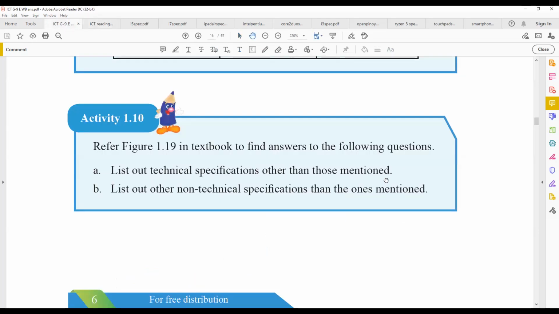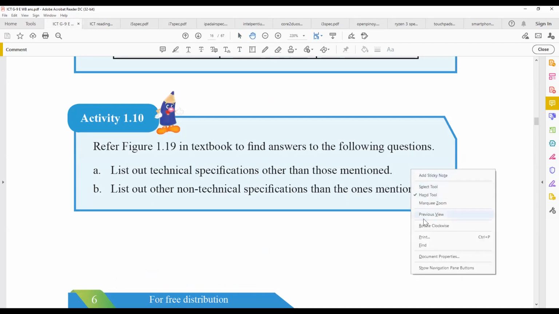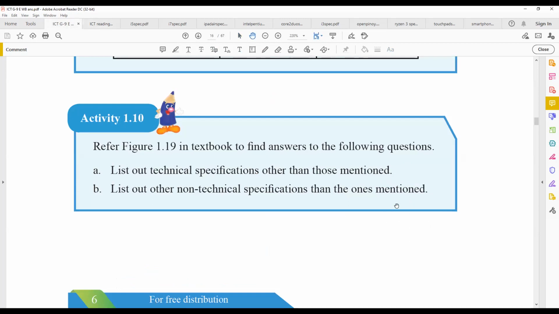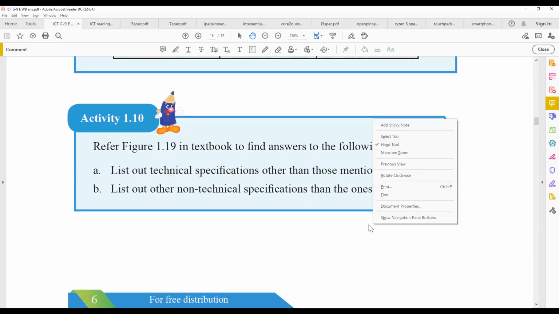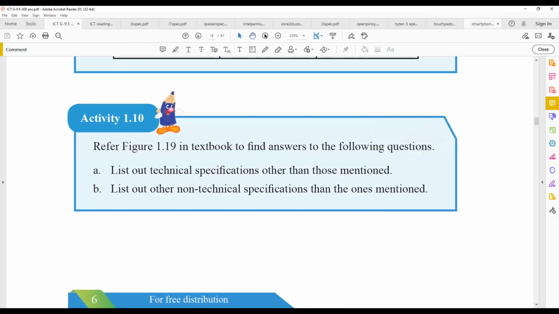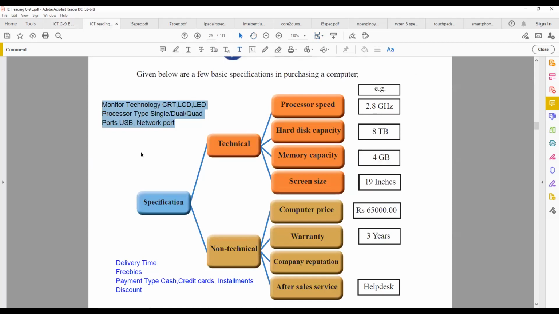So the answer for the first one, technical specifications other than those mentioned. Let me see whether I could copy paste.